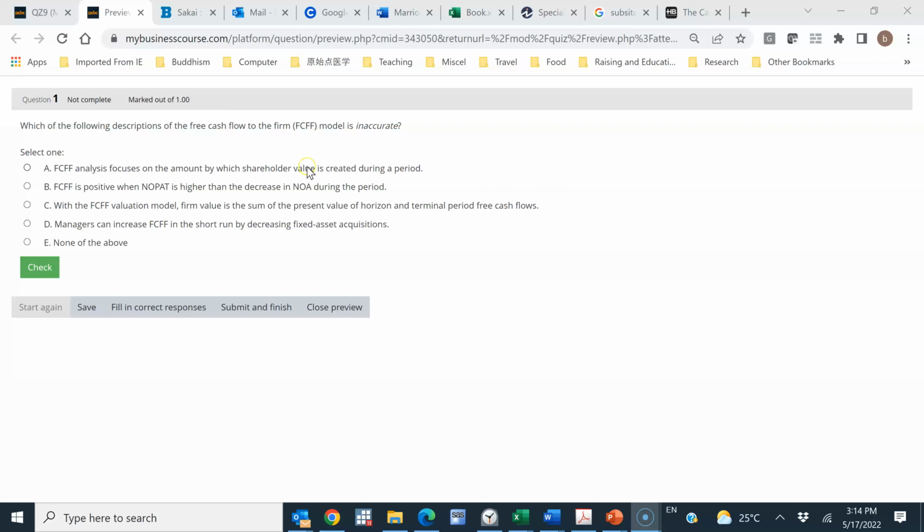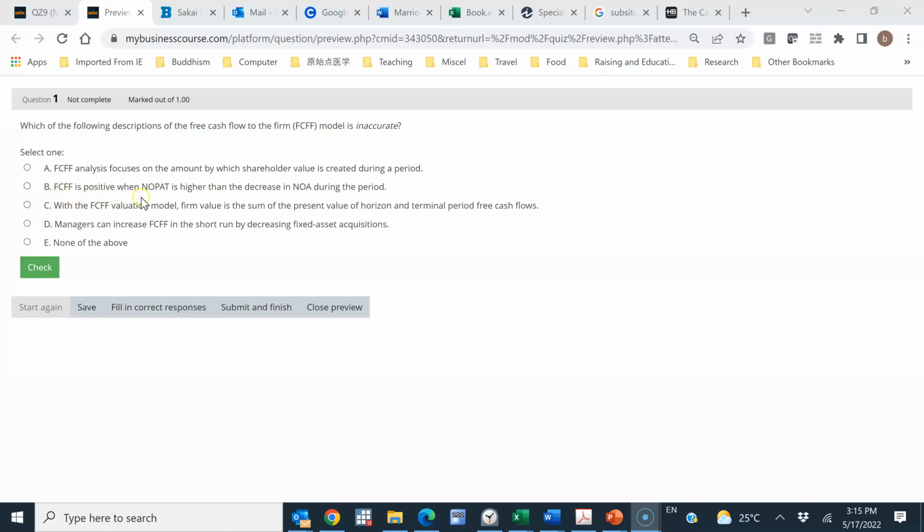And that will be the increase or decrease of the value that goes to shareholders by undertaking a project, or if you are valuing a firm, then that basically is how much of the firm value goes to the shareholders. So that's basically true.